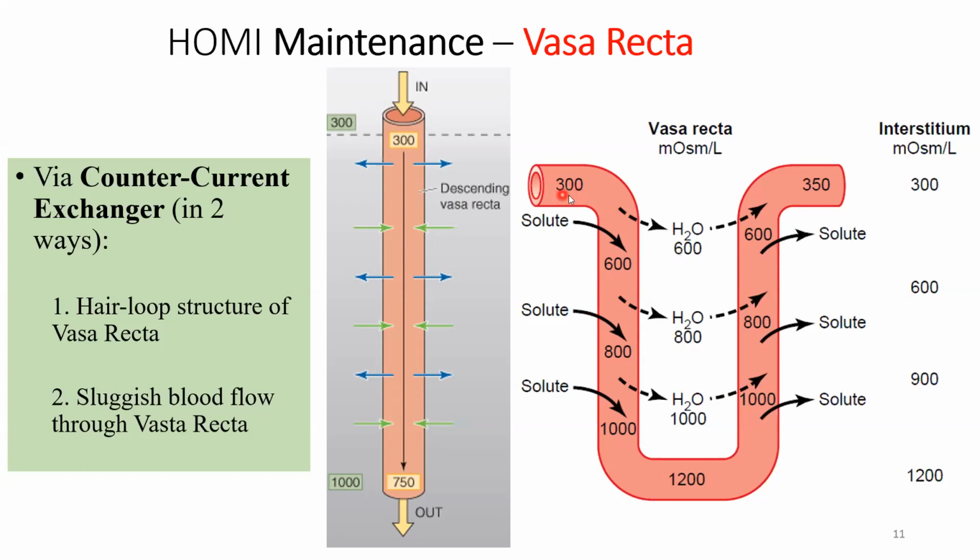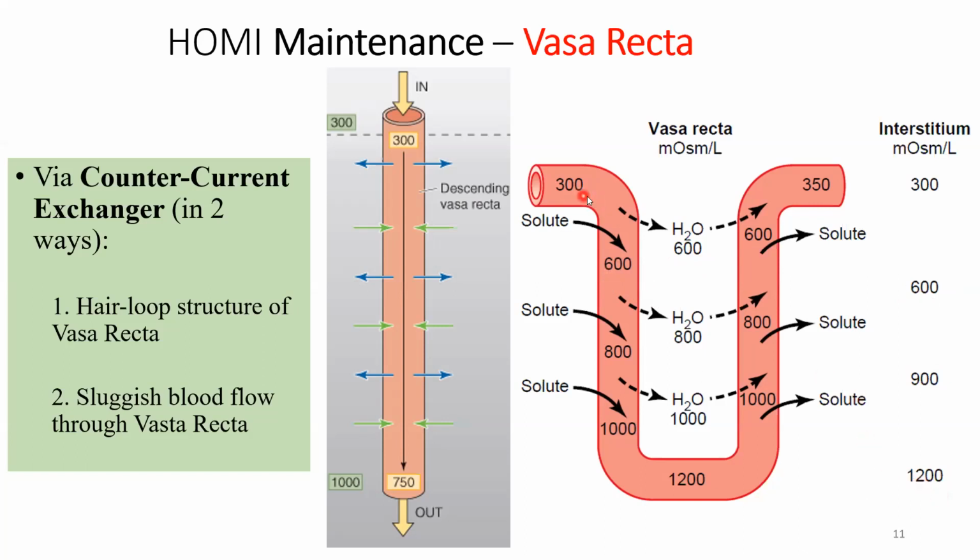So the same discussion: when the blood is coming back into the system, it's 300, say for example, just to explain it to you. When it comes down, it encounters an increasing HOMI, 600, 900, and maybe 1200 if we are working at the top speed, a top concentration. The countercurrent multiplier is really churning away.